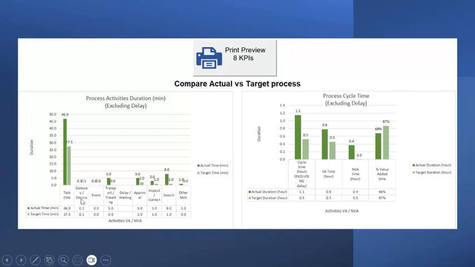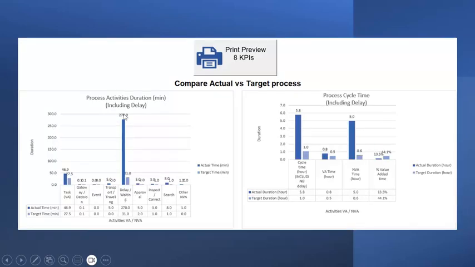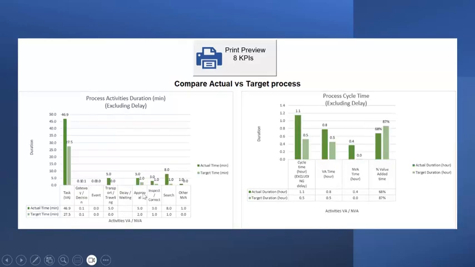And here you have the gateway, the event, transportation, traveling, delay, waiting. See here waiting, you have 278 minutes of waiting time that are lost time, really. Approval, inspect, etc. And here you have without the delay. And without the delay, cycle time of 1.1 hours.